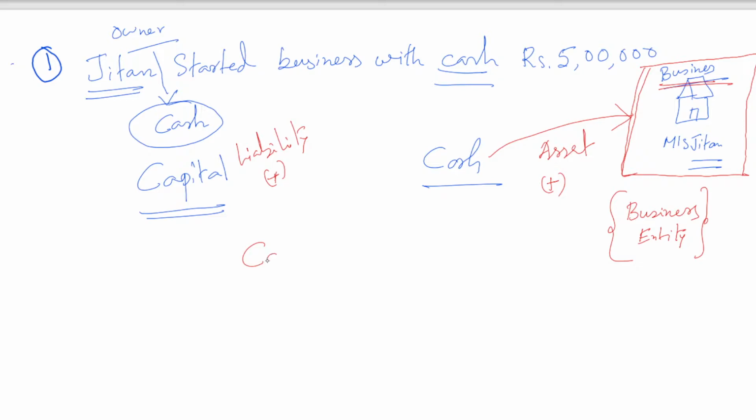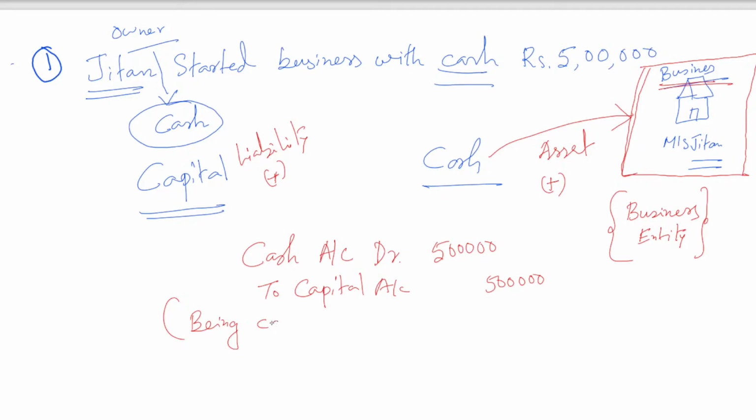So this journal entry will be: cash account debit, as per the modern approach, cash account debit 5 lakhs, to capital account 5 lakhs, being capital brought in by Jiten, or you can say being business started with capital of rupees 5 lakhs.